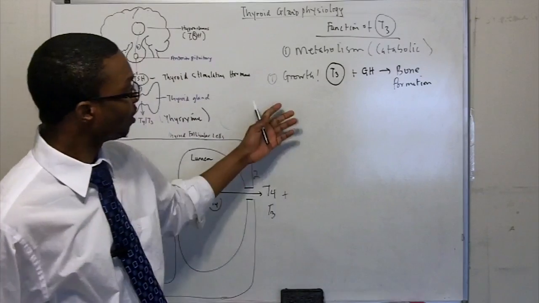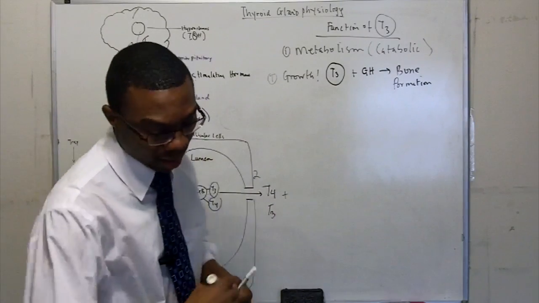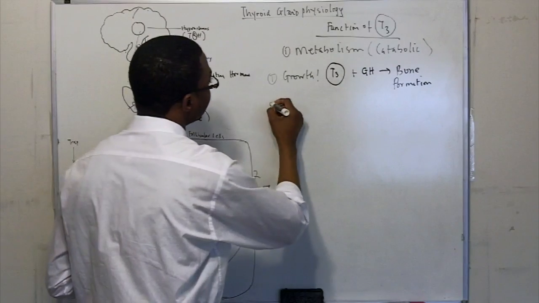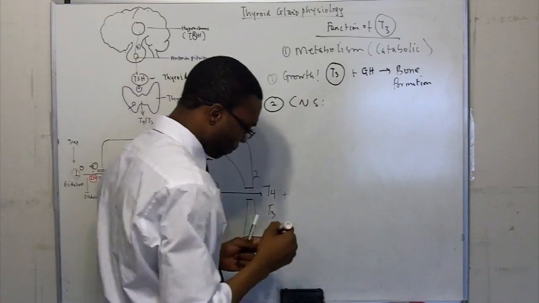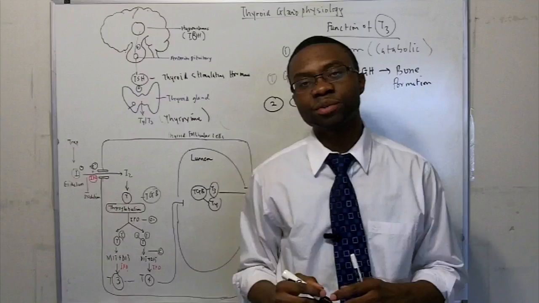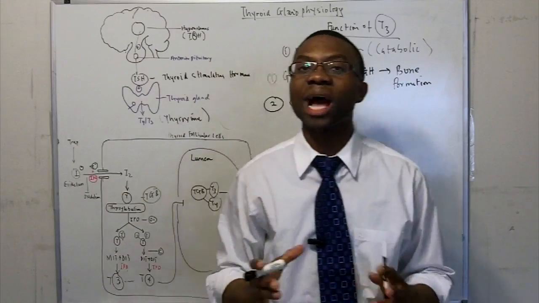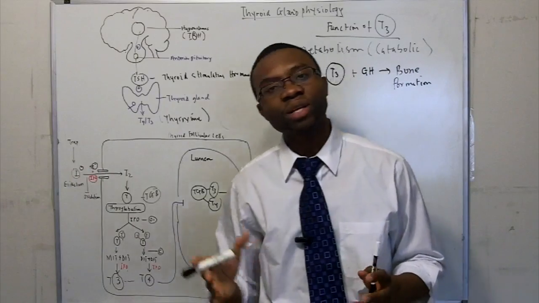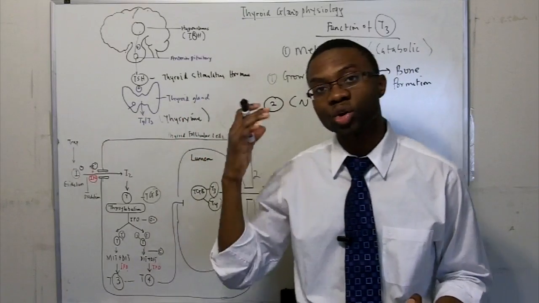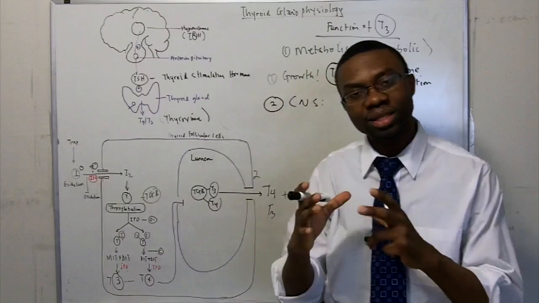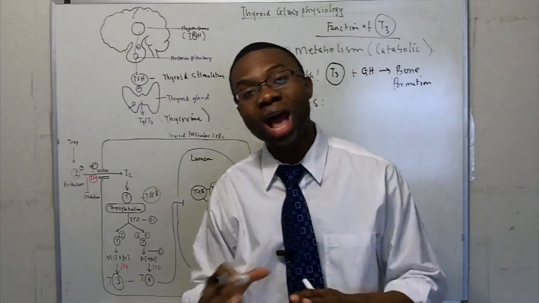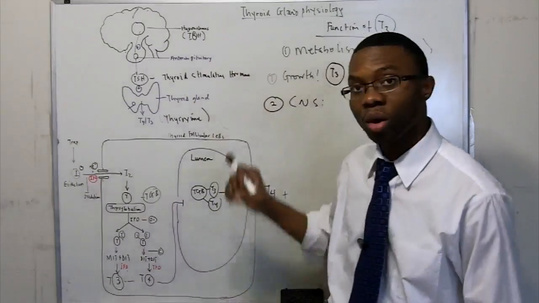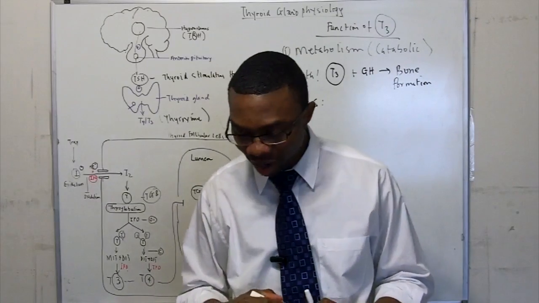Now, another thing you need to know about the function of T3 is the CNS. When children are born in the hospitals, we always want to make sure they are not hypothyroid. The reason is that thyroid hormone gets the brain regulated so the brain can actually mature. If you don't have any thyroid hormone, you're going to be mentally retarded.